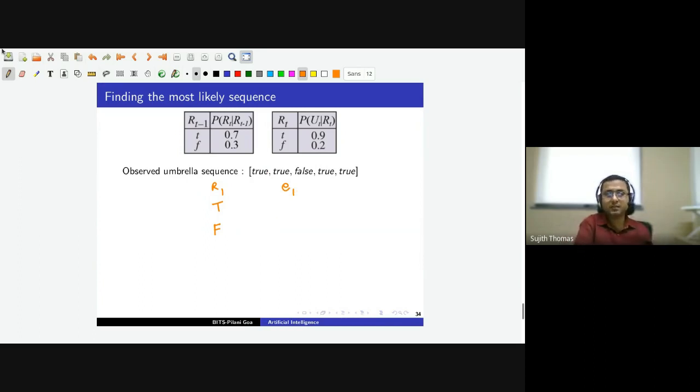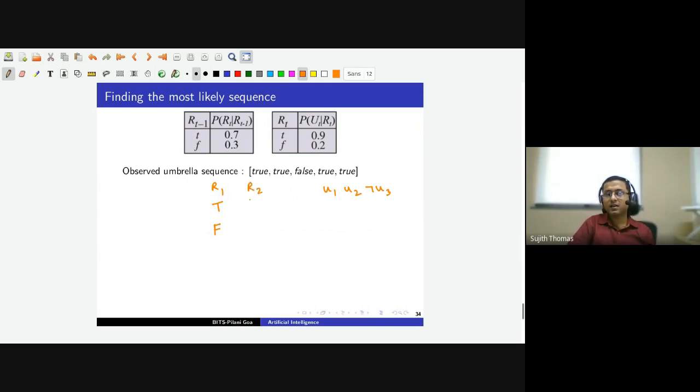Instead of E1, let me write it U1, because we have seen umbrella is true. The sequence that we are interested in is U1 umbrella is true, umbrella is false, umbrella is not true, U3, and so on. So we will look at all possible sequences that end with R1 equal to true and produce the evidence that we have observed. All sequences that end with R1 equal to false that produce again the sequence that we have observed.